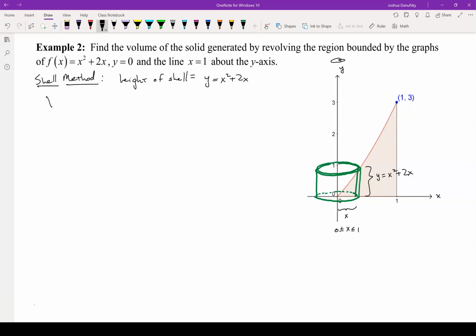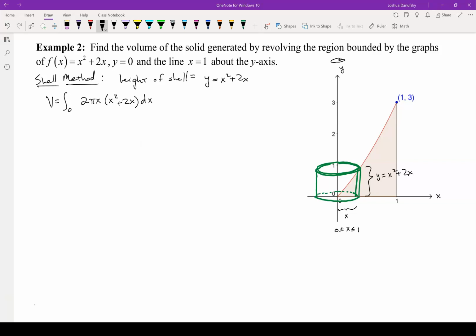So using the shell method, the volume is equal to the integral of the circumference of the shell times the height of the shell times the thickness of the shell. So once again, 2 pi times the radius, which in this case is x, is our circumference of the shell times the height of the shell times the thickness of the shell, which is dx.